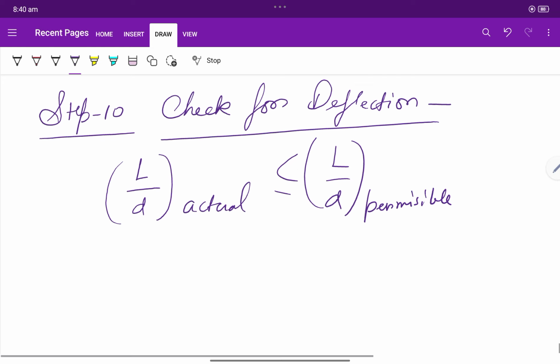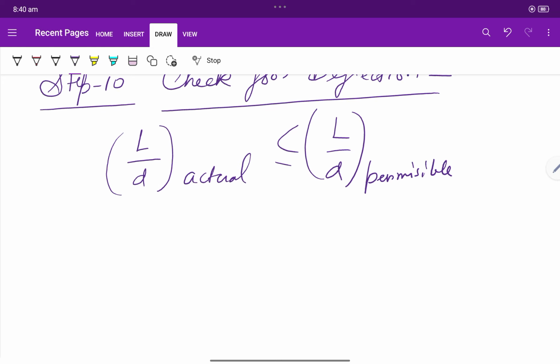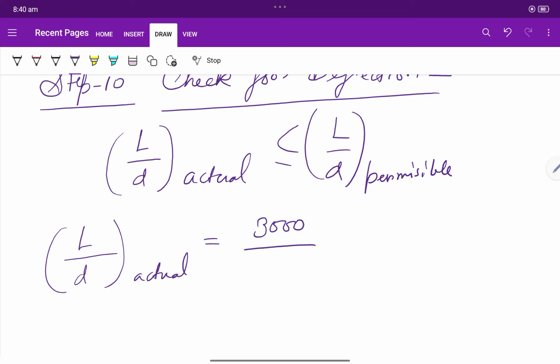L by D actual, L clear span we know is 3000 and D we know 165, so the value is coming to 18.8.